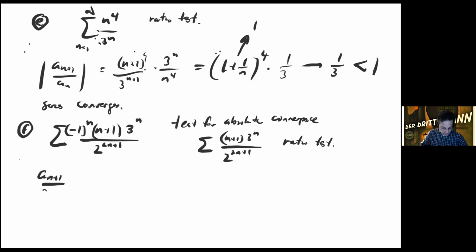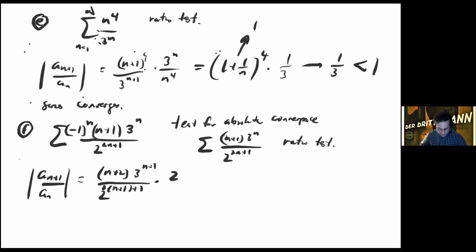So a sub n plus 1 over a sub n, absolute value, you have to replace n by n plus 1 in the nth term. So it's n plus 2, 3 to the n plus 1 over 2 to the 2n plus 1 plus 1. That's a sub n plus 1. Now the reciprocal of a sub n is 2 to the 2n plus 1 over n plus 1 times 3 to the power of n.